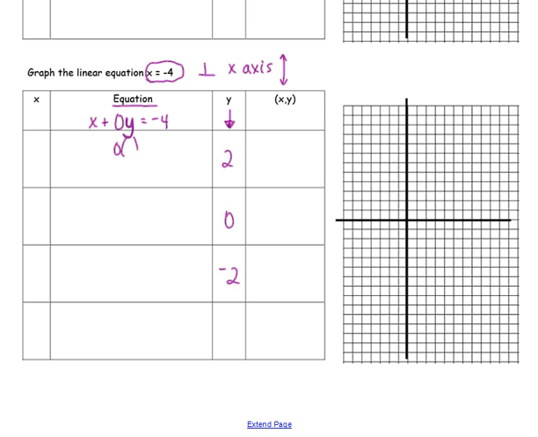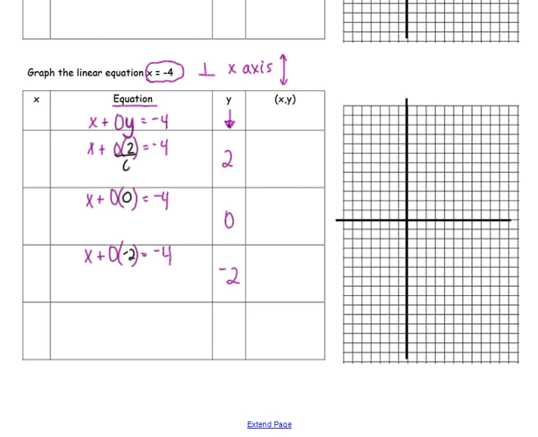So I'm going to put a space for all of the y values that we have chosen and just bring down the rest of the equation. Then I'm going to substitute these y values. And do not skip any steps. That will help you avoid mistakes.